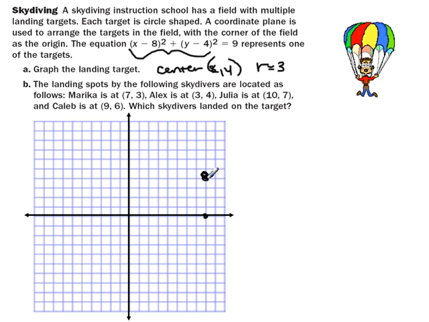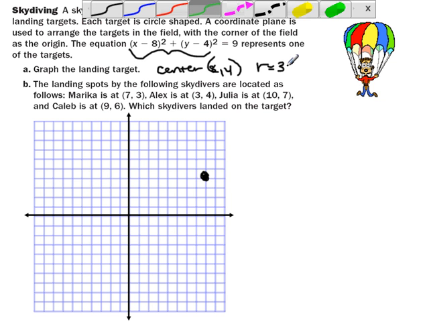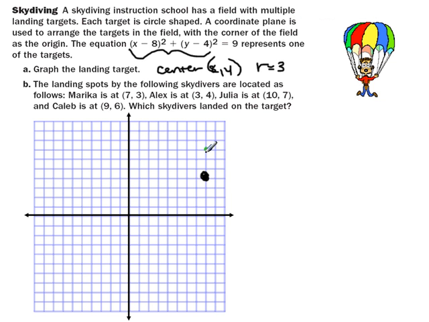So this point right here is going to be my center. And then to graph my circle, I'm going to need to go up 3, to the left 3, to the right 3, and down 3. And there's my circle. So part A is completed.